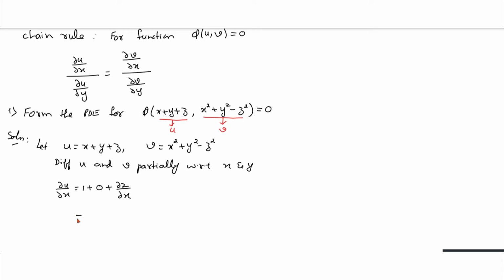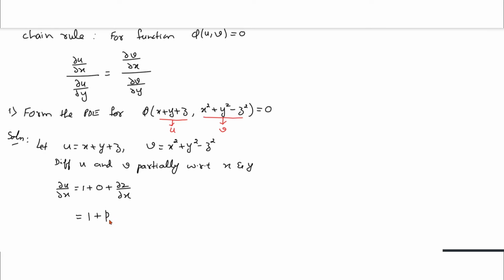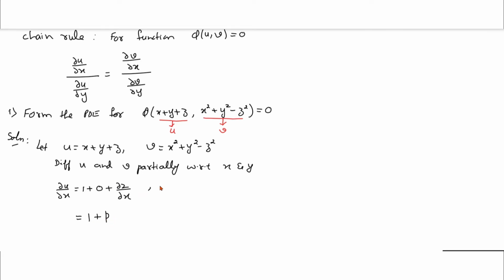So you will be getting 1 plus dou z by dou x. What is dou z by dou x? How do you represent it? P. So 1 plus p. Then differentiate this u with respect to y.